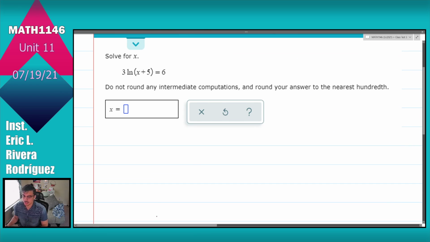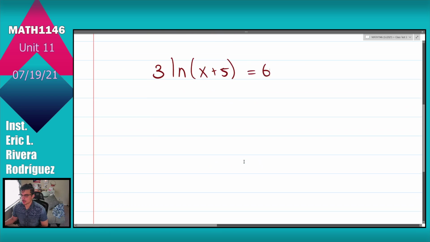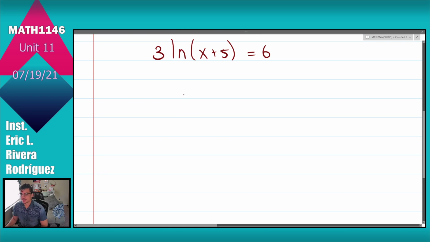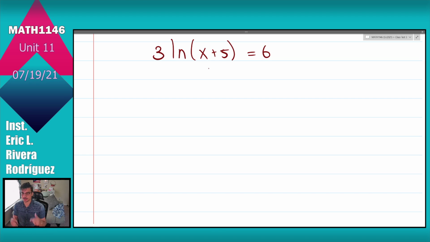So here is the exercise where you are going to use the property that we discussed before about the logarithmic functions. We need to solve this equation for x. X is part of the argument of this logarithmic function. So there is a problem. How are we going to get x out of the logarithmic function?